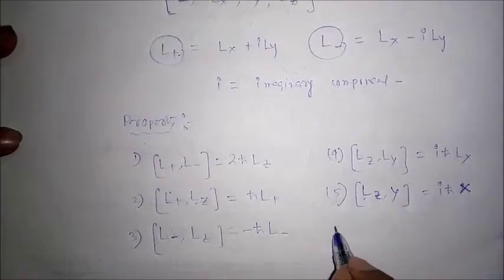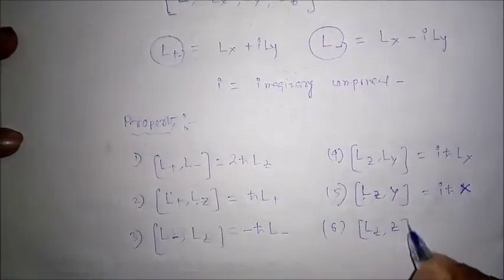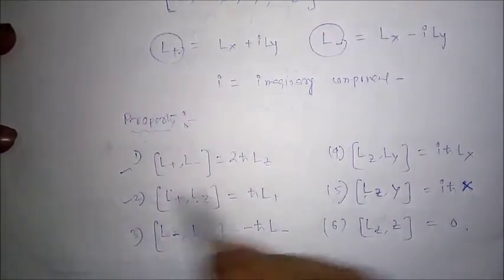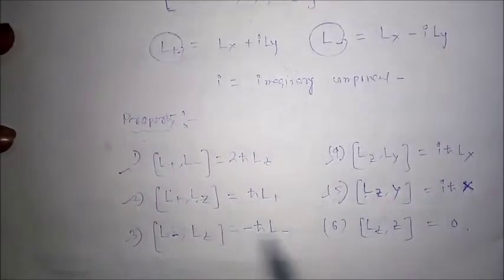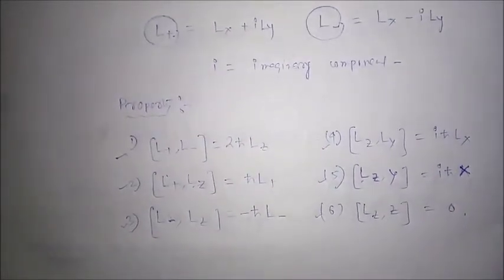This is the position vector, and the commutator of Lz and Z is equal to 0. You should know these three properties, because questions directly ask from these properties.